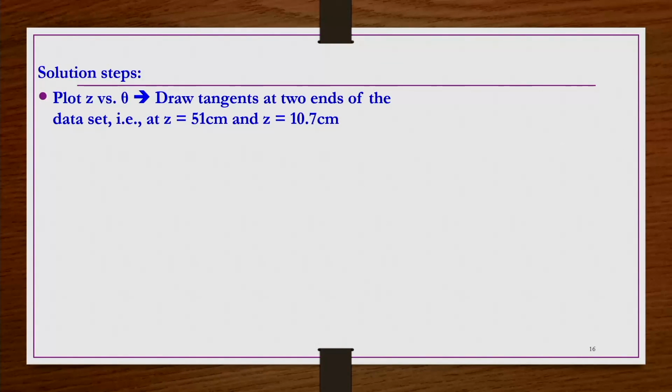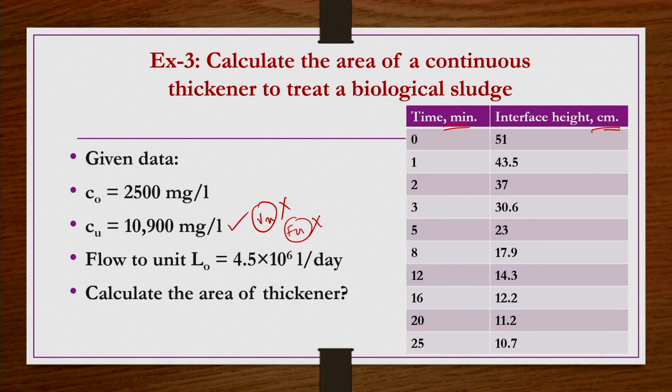Z versus theta you have to plot, and the two ends of the data points are z equals 51 centimeters and z equals 10.7 centimeters. So, z naught is 51 centimeters as per the data points given, because it is at 0 time.